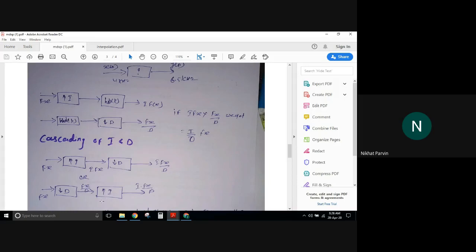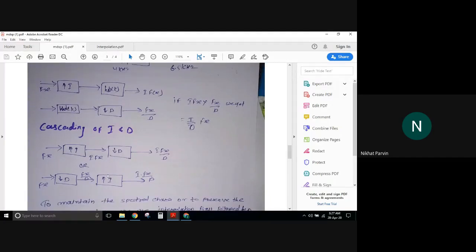The work of the interpolation is that whatever input is coming to it has to get multiplied by this factor. So your answer will be I into fx by D. That means in both the cases, either you use I first and then D, or vice versa, you get the same answer. That means no issue, I can use any one of these.